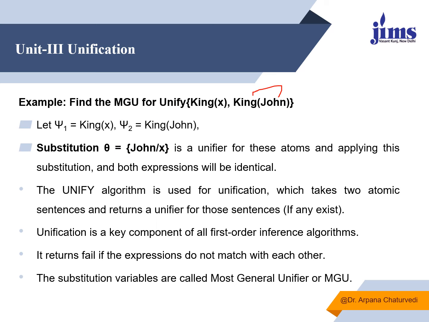Unification is a key component of FOPL. It returns fail if the expressions do not match with each other, and this substitution is also known as MGU, that is most general unifier. Somewhere you will see that in shortcut it is mentioned as MGU.